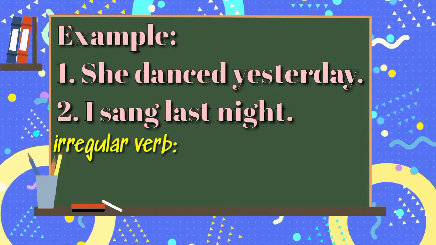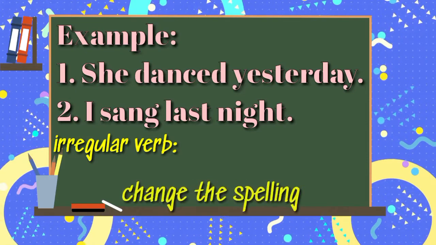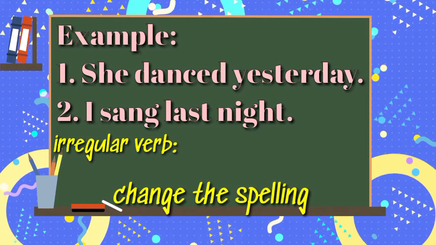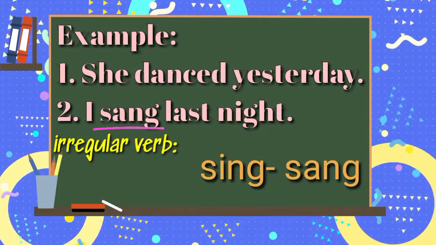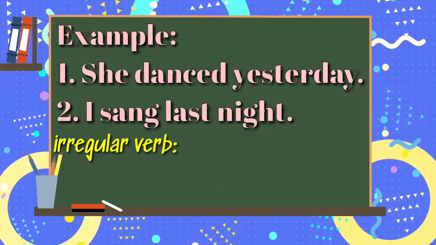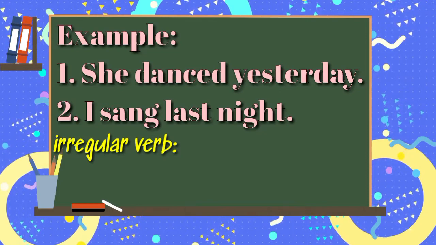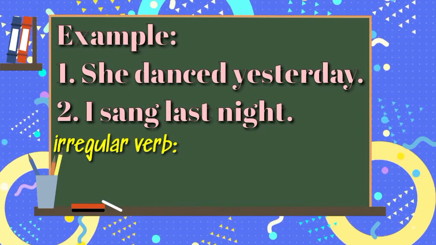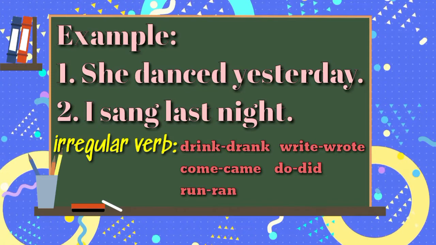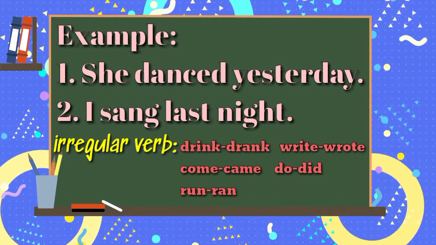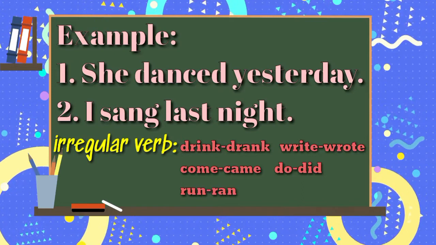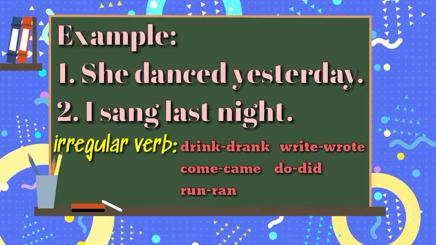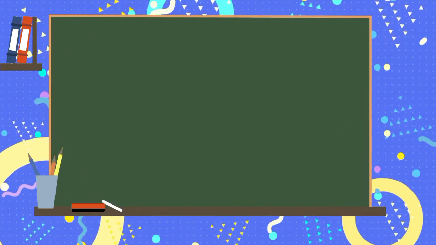We transform the verb by changing its spelling, just like the verb sing. It becomes sang in the past tense. The following are some examples of irregular verbs: drink, drunk; write, wrote; come, came; do, did; run, run.